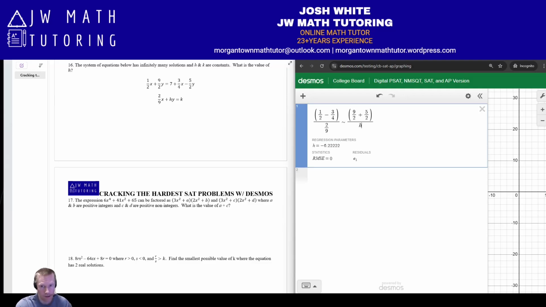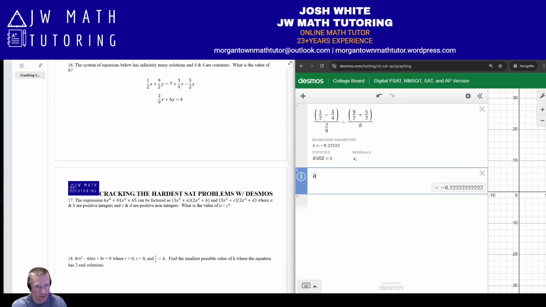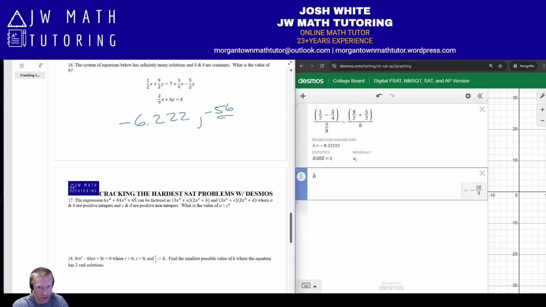So now we have our answer right here: negative 6.222222. You could enter this as negative 6.222, since rounding and truncating are the same here, or you could enter this as negative 56/9.